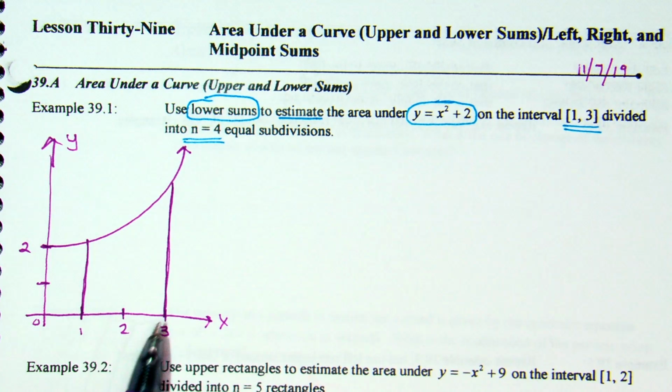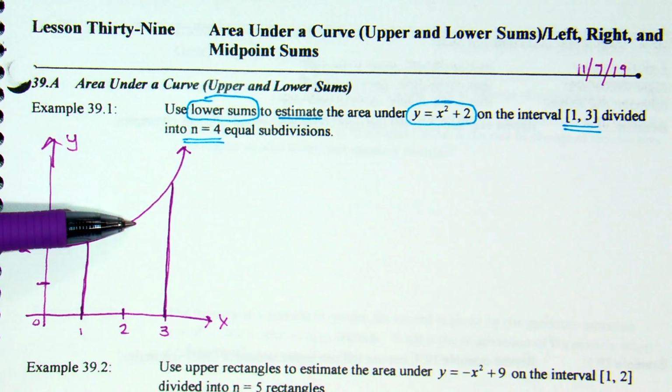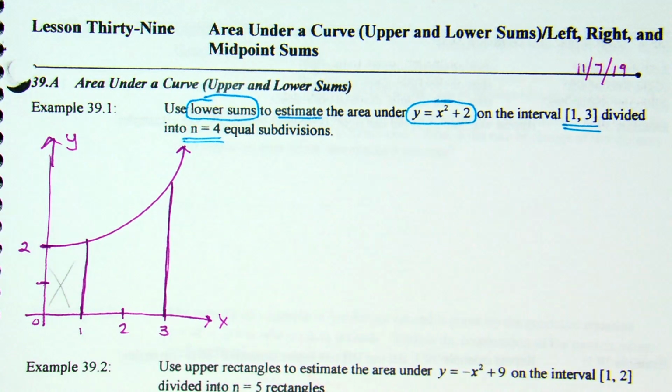I want to know the area from 1 to 3, from the x-axis up to this curve. I would kind of shade it in, but I'm going to be drawing rectangles in, so I don't want to. This area over here from 0 to 1, that's irrelevant. That has nothing to do with this problem. I just needed that to help draw my picture.